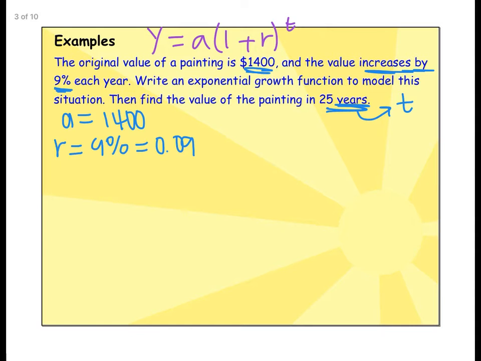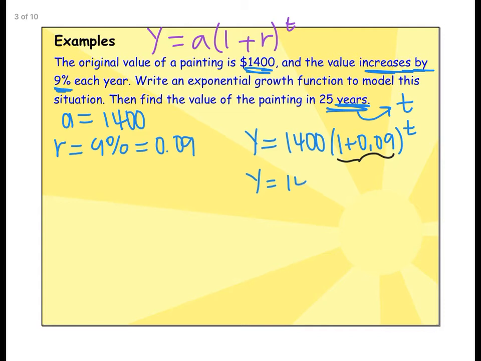So our general formula would just be y equals 1,400 times 1 plus 0.09 to the t. You can simplify what's in the parentheses there, so that would give me y equals 1,400 times 1.09 to the t.